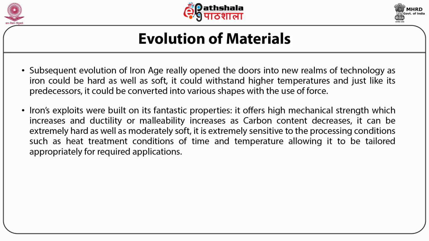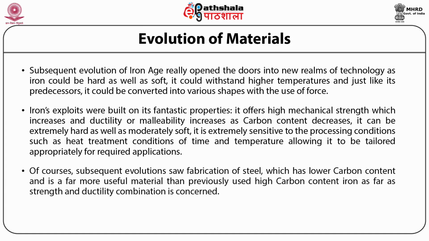It can be extremely hard as well as moderately soft. It is extremely sensitive to the processing conditions such as heat treatment conditions of time and temperature, allowing it to be tailored appropriately for required applications.